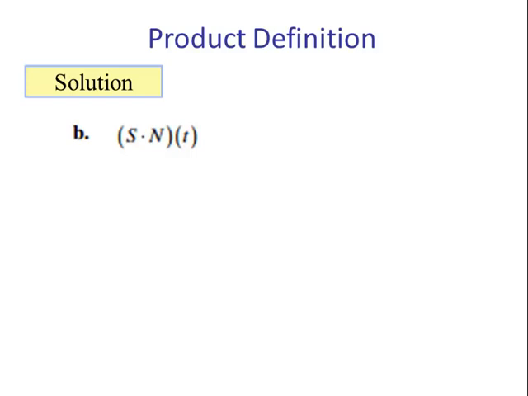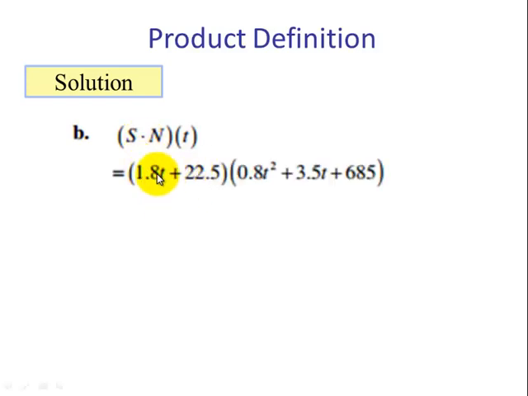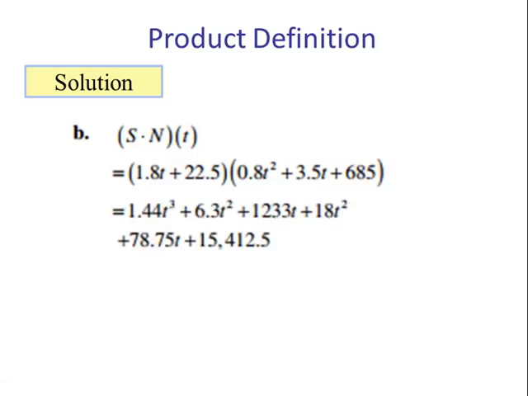B, to find the product function, we take S of t times N of t, use the distributive property for the 1.8t, and then use the distributive property for the 22.5. We should have 6 terms. We have 1.44t cubed plus 6.3t squared plus 1,233t plus 18t squared plus 86.75t plus 15,412.5.